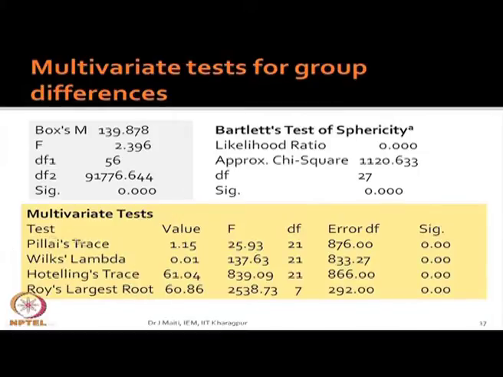We have considered 4 statistics, and if you see the significance level, everything is almost 0. What does it signify? It signifies that there are mean differences across the 3 groups.